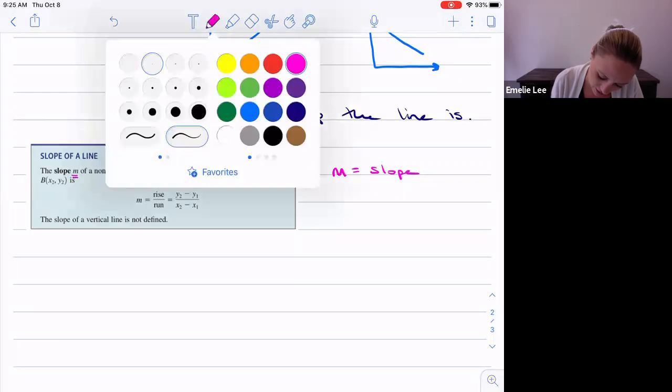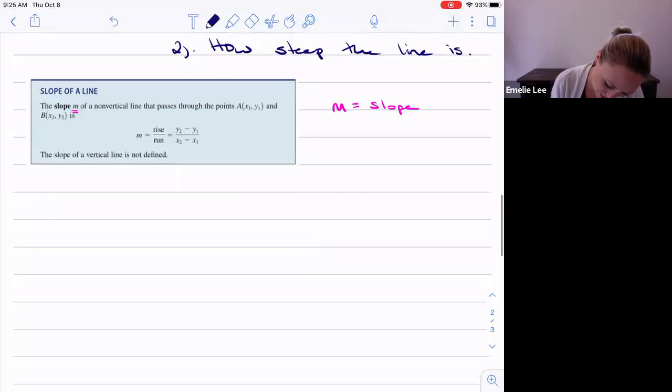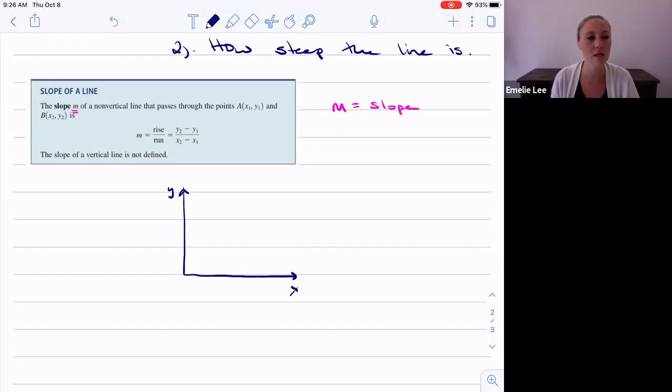What we'll do is just talk about the positive quadrant for now. So here's your x-axis, here's your y-axis, and here is 0, 0.